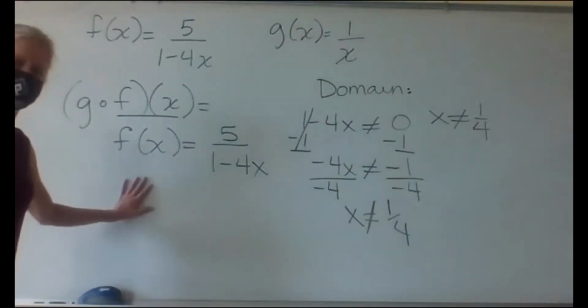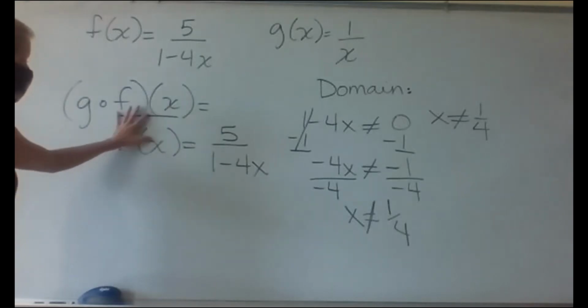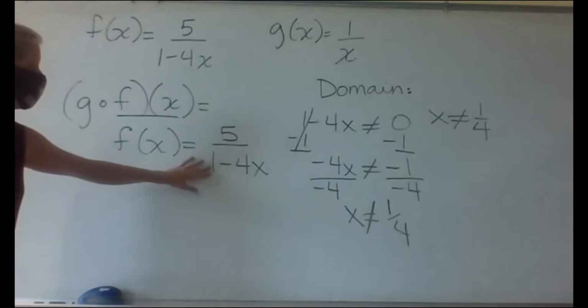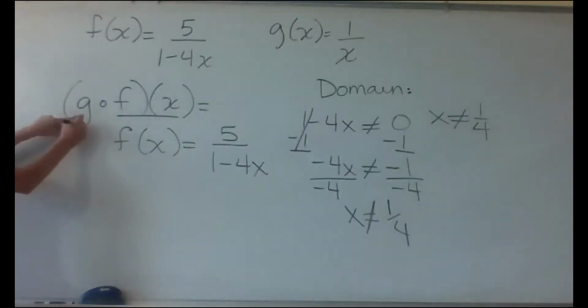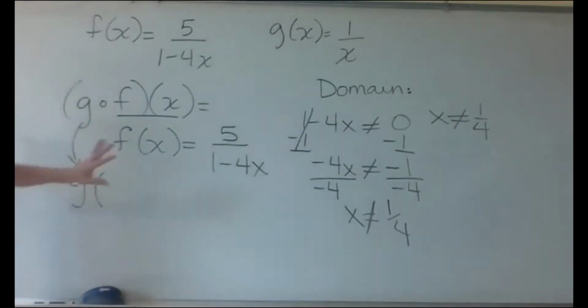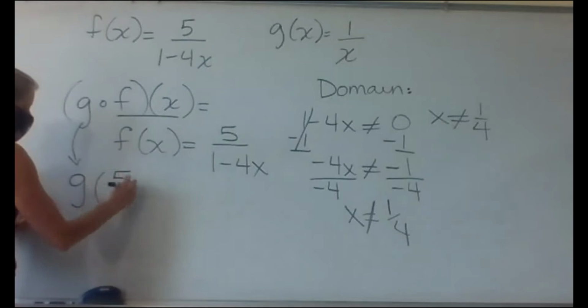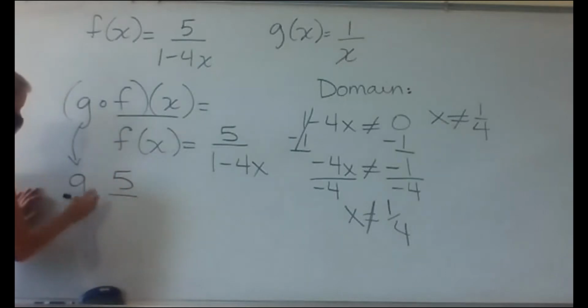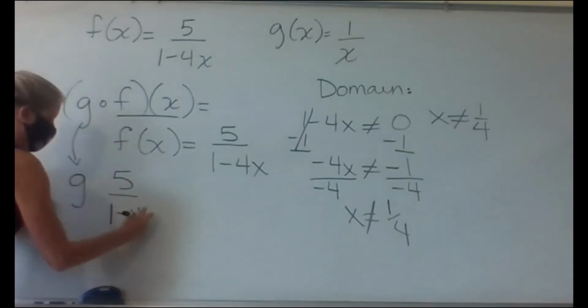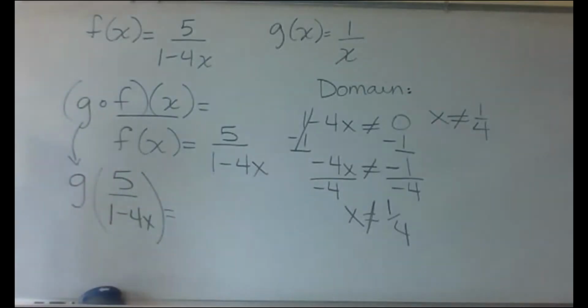Now, come back to your composition. I found the inside. F of x equals 5 over 1 minus 4x. Now I need to find the outside, which is g of whatever that solution was. What was the solution to the first part? Well, this mess right here, right? I just can't simplify it. 5 over 1 minus 4x is what I'm finding g of.